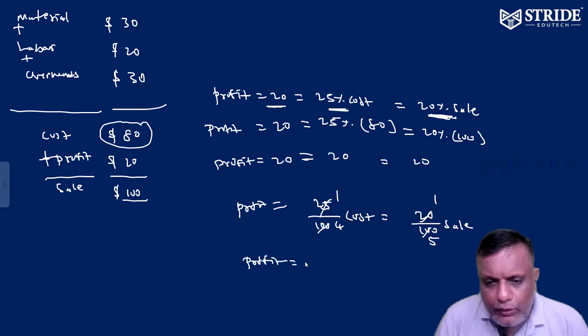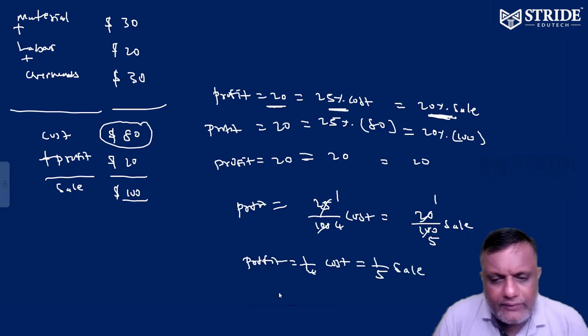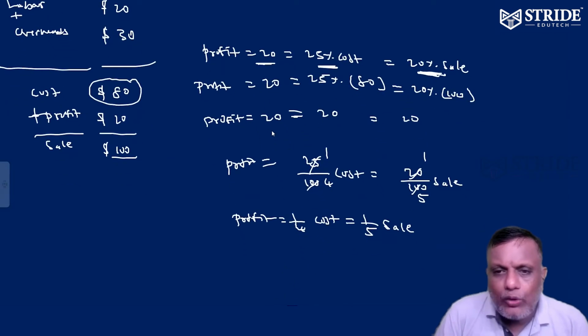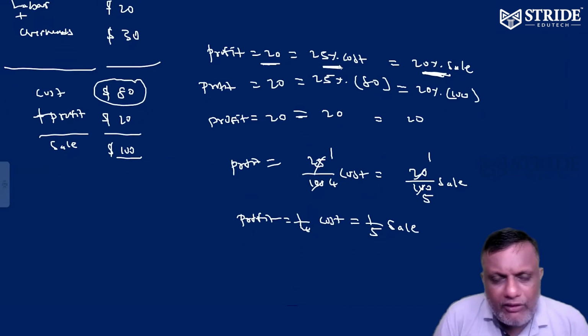So profit is equivalent to 1/4 of cost, which is equivalent to 1/5 of sale. That's a basic idea we studied in the earlier classes. Profit is equal to 1/4 of cost, which is equal to 1/5 of sale. All three are the same number, 20: 25% of cost, 20% of sale, 20% of 80 or 20% of 100. So profit is 1/4 of cost or 1/5 of sale.